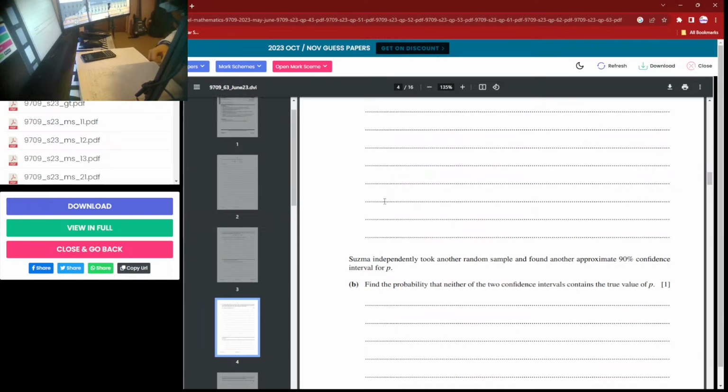Find the probability that neither of the two confidence intervals contain the true value of p. Suzma independently took another random sample and found another approximate 90% confidence interval for p. Find the probability that neither of the two confidence intervals, so none of them contain the true value of p.